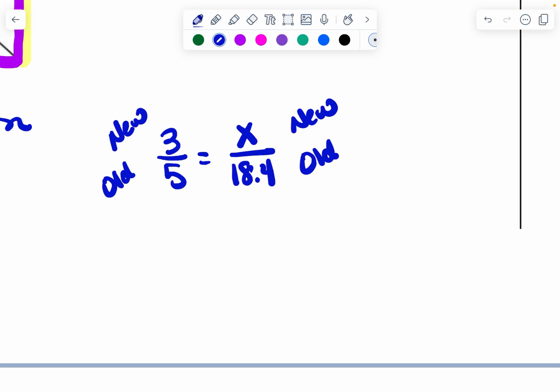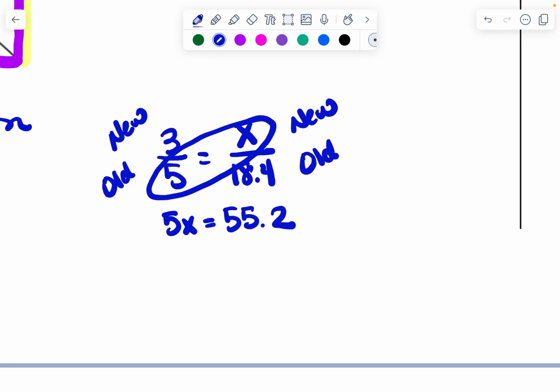Now, a little review on how to solve a proportion: you have to cross multiply. Some of you know this as a butterfly method. I personally like to always multiply the numbers with the variable in it first. It just makes it easier. So 5 times x is 5x. And 3 times 18.4 is 55.2. And let's go ahead and divide by 5.